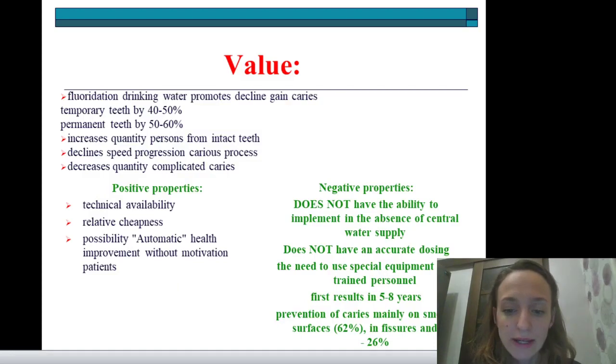And some negative properties: it cannot be implemented in the absence of central water supply, and it does not have accurate dosing. It needs special equipment and trained staff. The first result in 5 to 8 years: prevention of caries mainly on smooth surfaces is 62%, and in fissures and pits 26%.